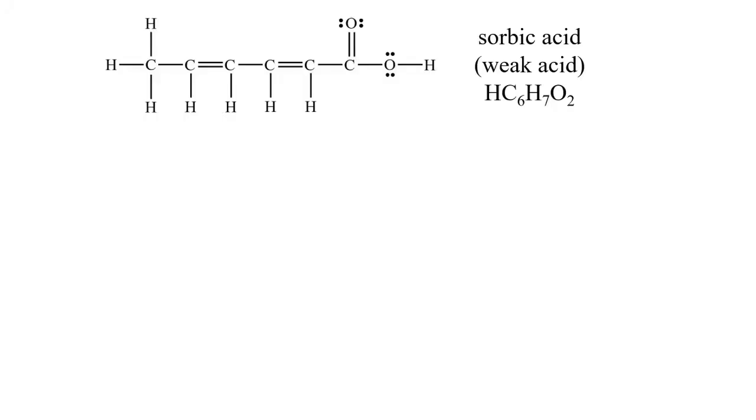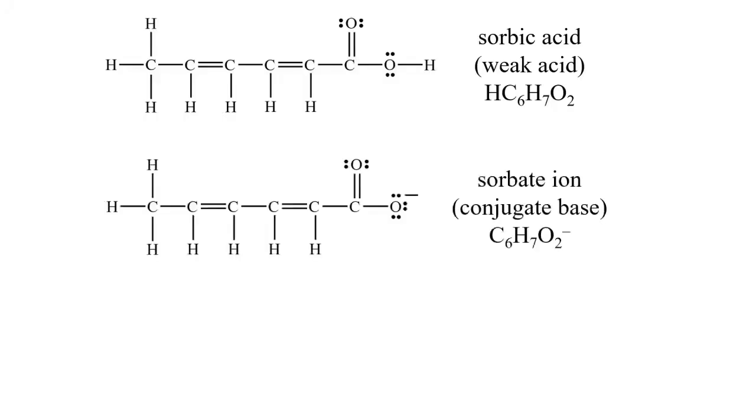The H on the far right of this molecule is the one that is lost as an H+ ion. So when that H+ ion is removed, it forms what is called the sorbate ion, and this carries a -1 charge. The formula of the sorbate ion, which is the conjugate base of sorbic acid, is C6H7O2-.